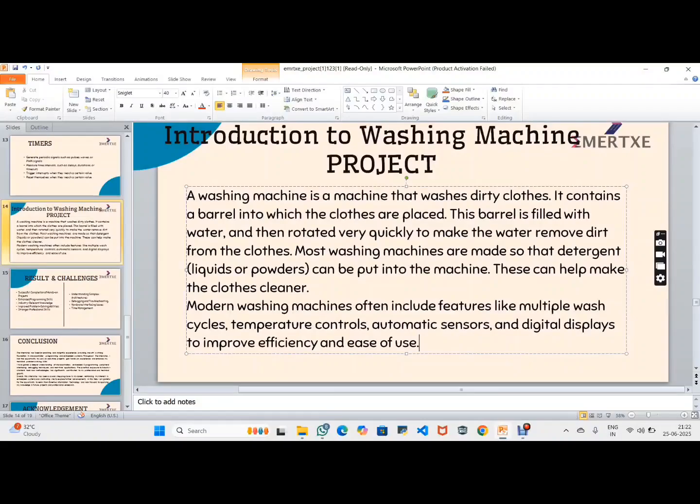I am presenting the project demo at the end. This is the complete project. Modern washing machines often include features like multiple cycles, time control, automatic sensors, and digital display, improving efficiency and ease of use.